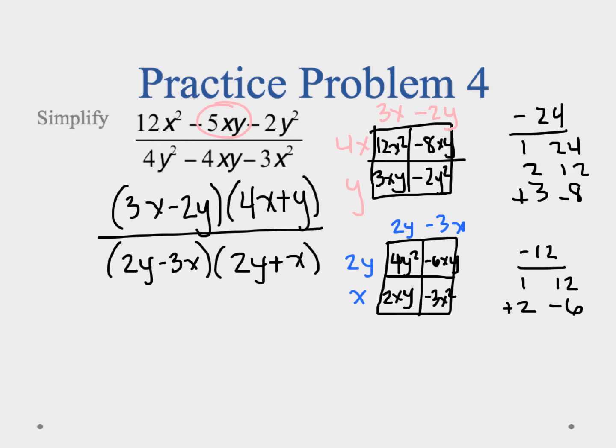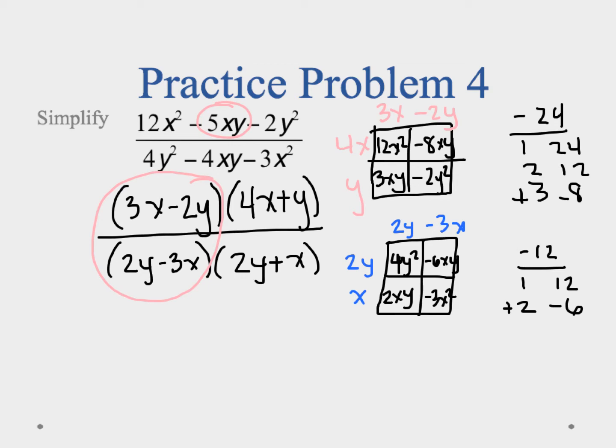All right, so I have these two that I'm going to look at. The other two, there's nothing to factor with it. What I'm going to do is factor out a negative 1 out of the bottom.